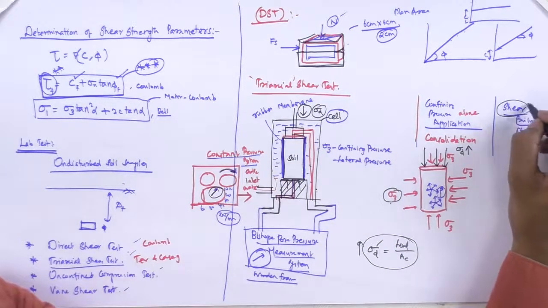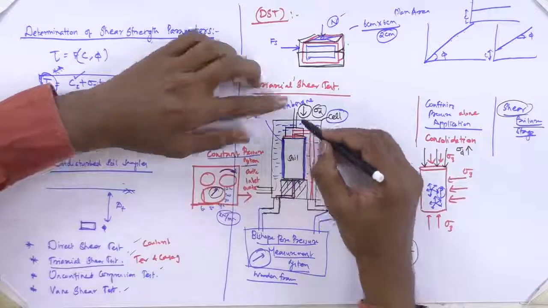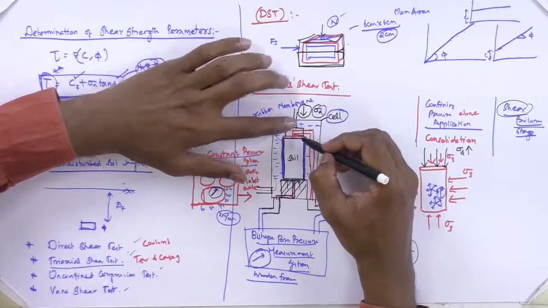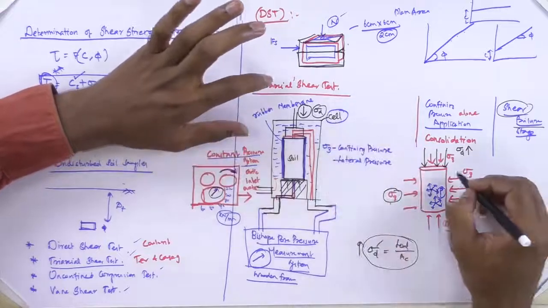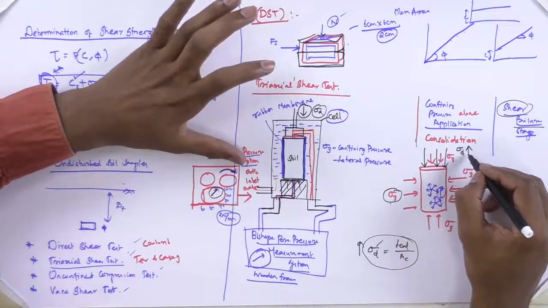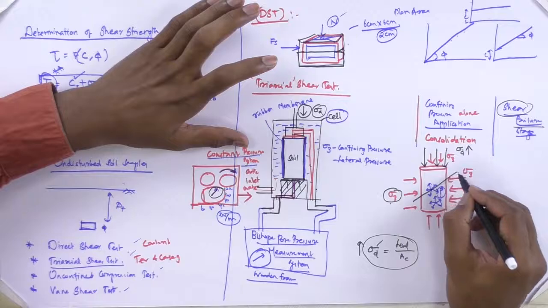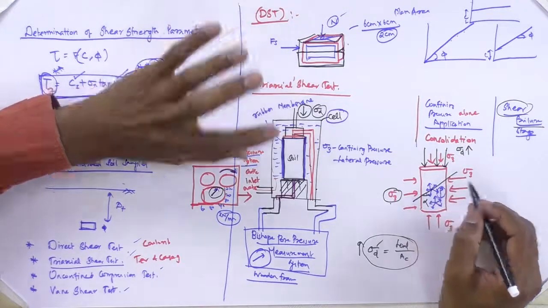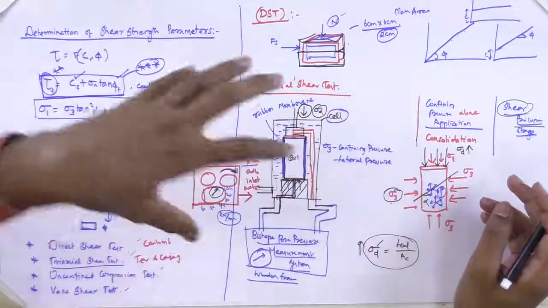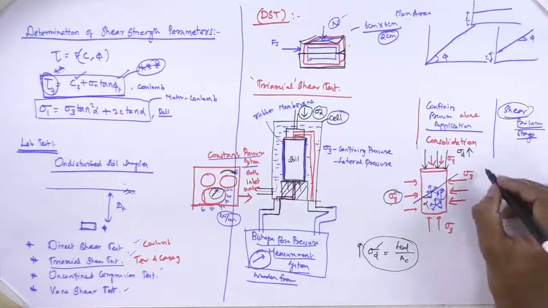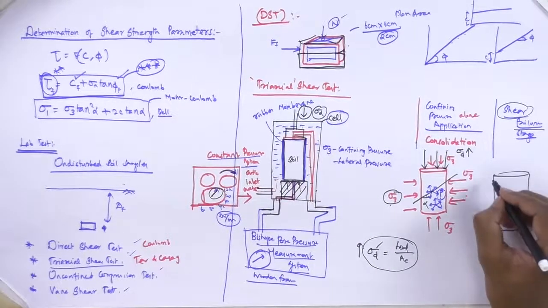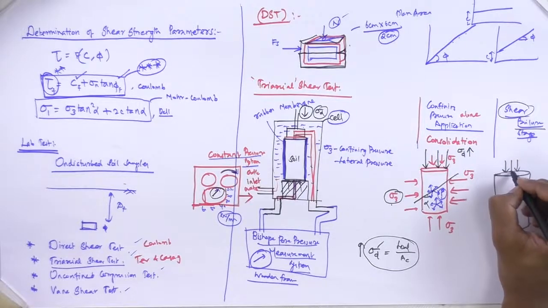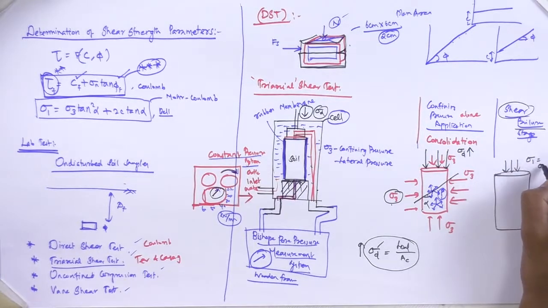the sample. That is why I have written shear failure stage. We are slowly increasing the proving ring loading, so sigma d is increasing. Once the sample fails, maybe failing like this, it forms an angle alpha. This is the theory I explained in my previous lecture. This can also be written in terms of sigma 1: sigma 1 equals sigma 3 plus sigma d.